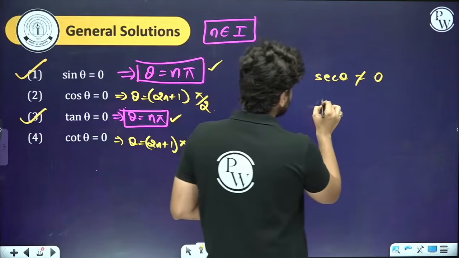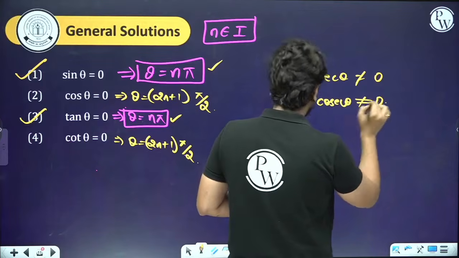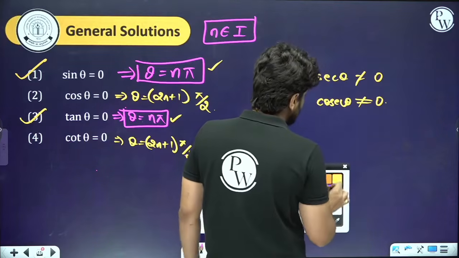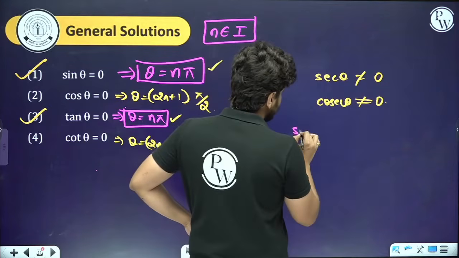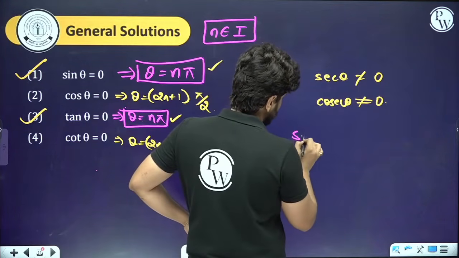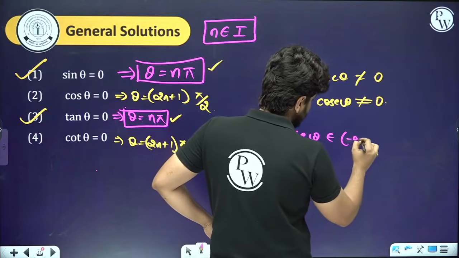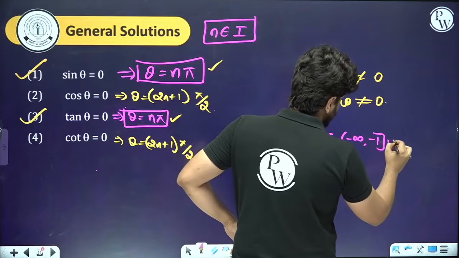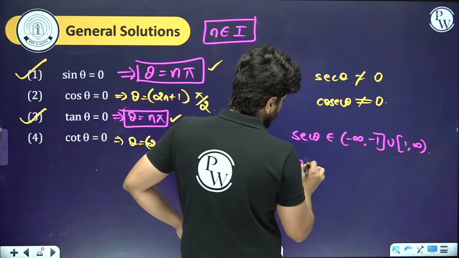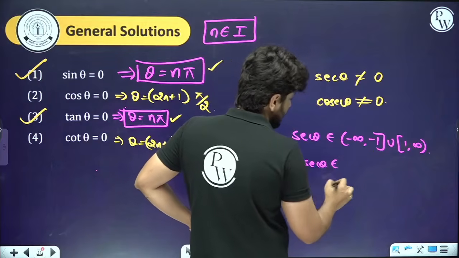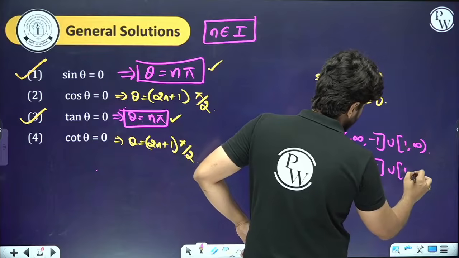You might know that the range of sec theta is minus infinity to minus 1 union 1 to infinity, and the same is for cosec theta.